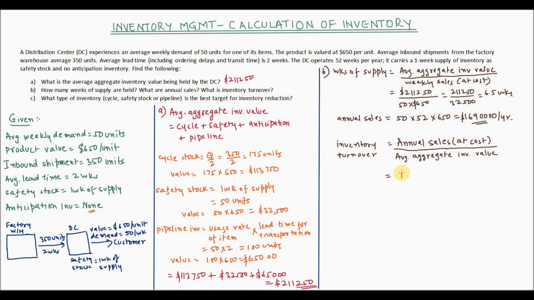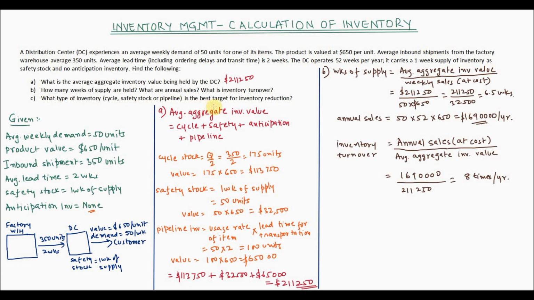So this is equal to 169,000 divided by the average aggregate inventory value, which is this amount here, 211,250. So this will come out to 8. So what this means is that the inventory is being turned over 8 times per year.